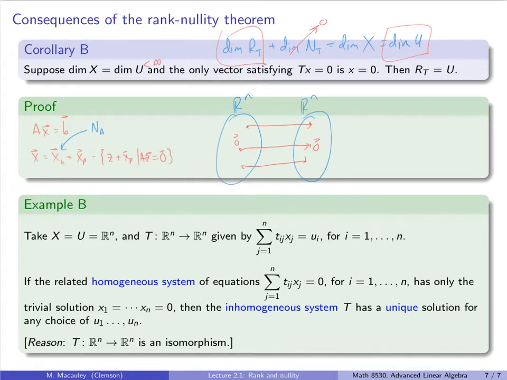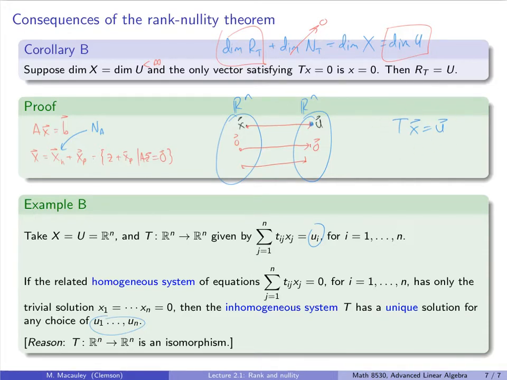Well, we know that's always the case, but there is a one-to-one pairing, a bijective correspondence, between vectors in here and vectors in here. So if we want to solve an equation Tx equals U for some particular U, then this U is going to be some vector over here. And because this is a bijection, that means that there is going to be a unique x that gets mapped to it. So this has a unique solution.